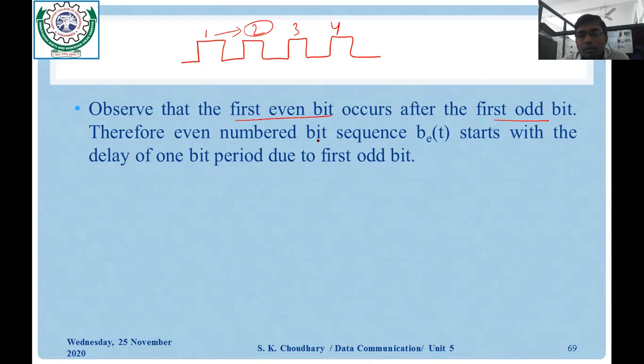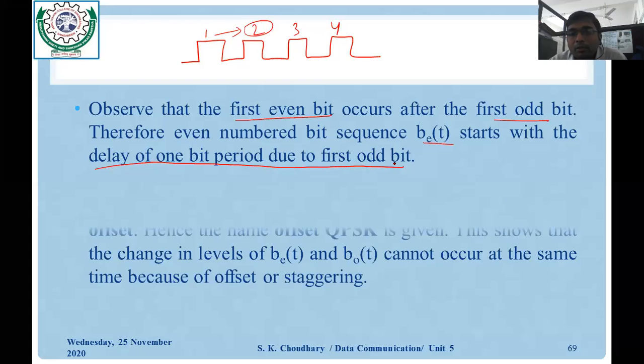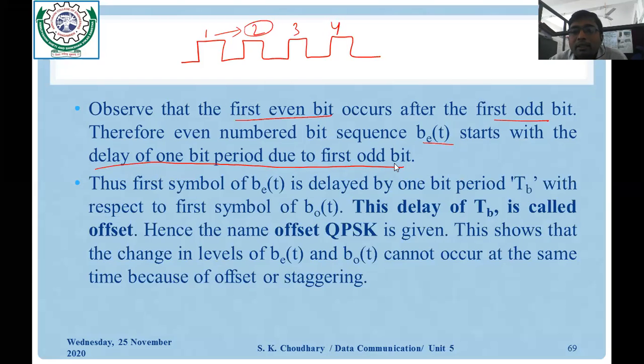Therefore, the even numbered bit sequence BET starts with a delay of 1 period due to the first odd bit, because the even bit is generated after the odd bit. So there is some delay you can consider. Both bits do not come simultaneously. So the even has a 1 bit period delay compared to the odd bit.